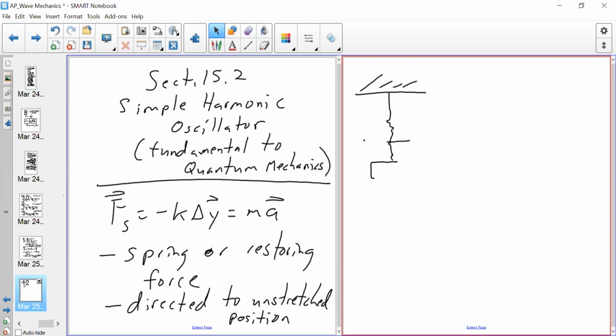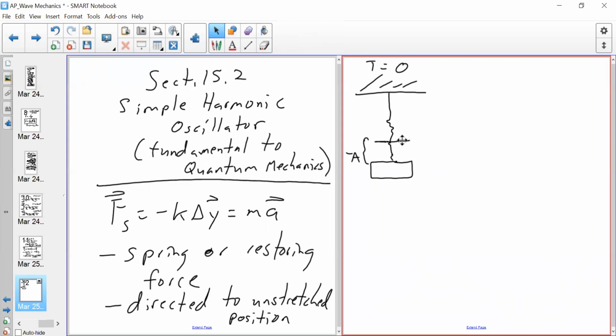So we have this mass stretched to this amplitude. We call it negative A because it's below the zero here. And this would be t equals 0, the first point in time.